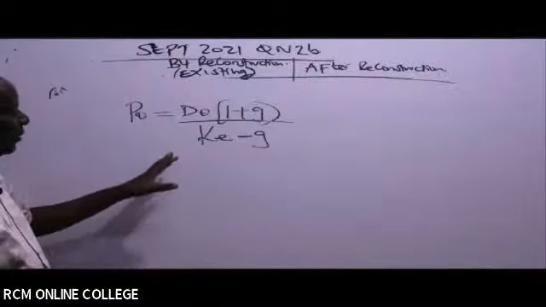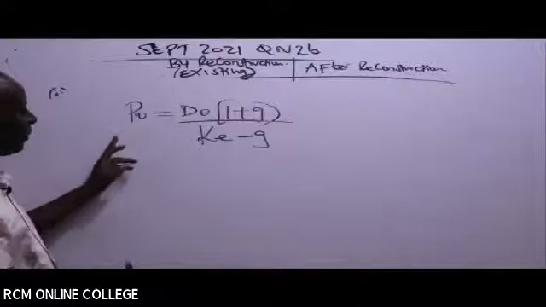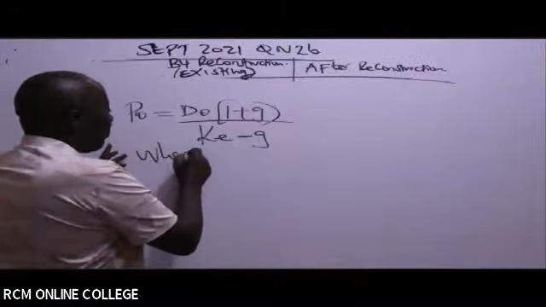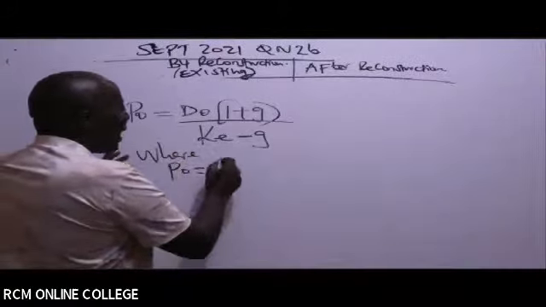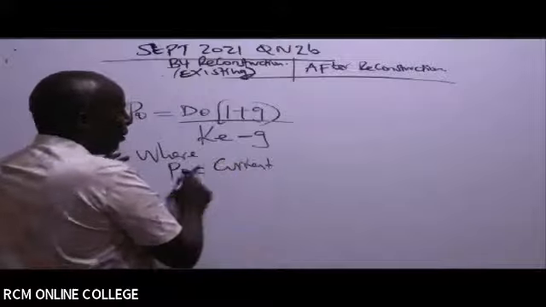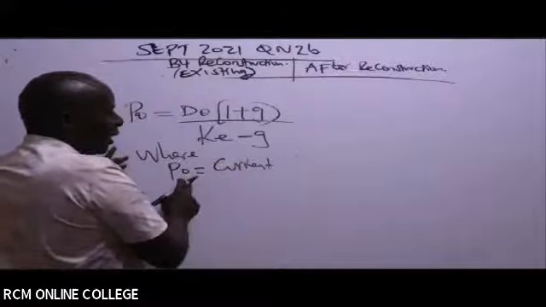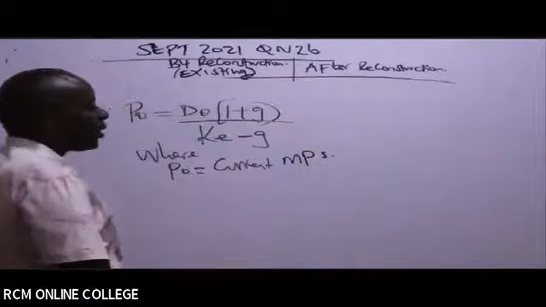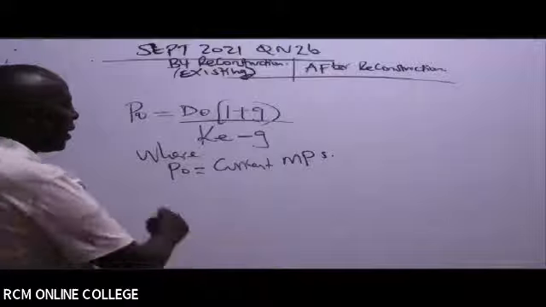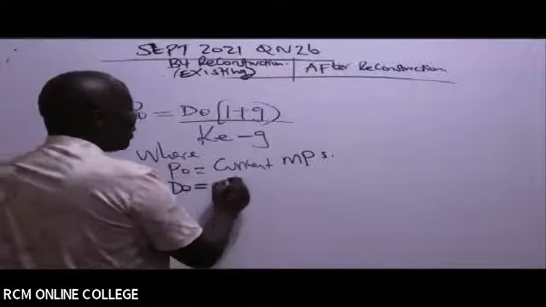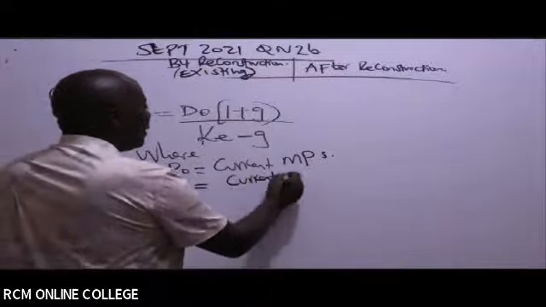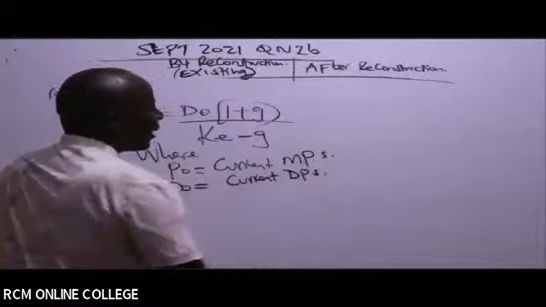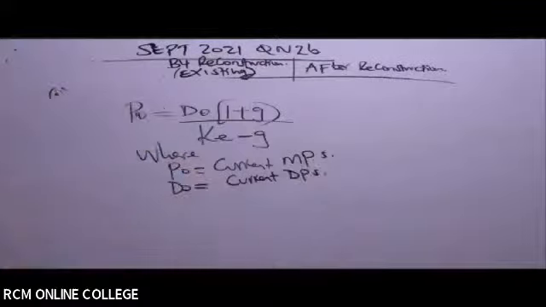And remember, this is not provincial officer. Remember this, where P0 is the current, meaning today, current market price per share. How about D0? D0 is the current dividends per share.